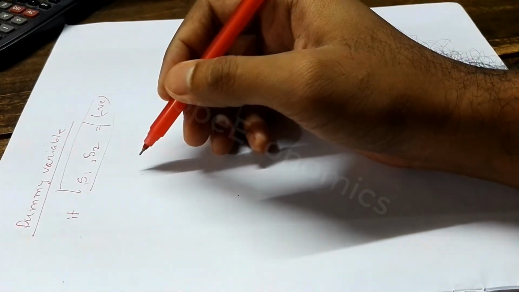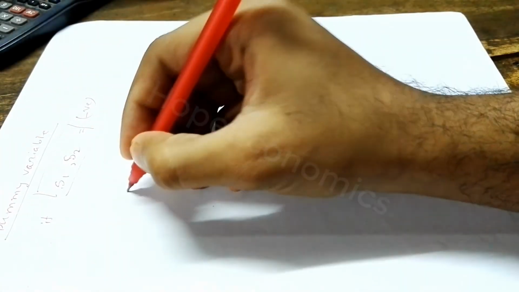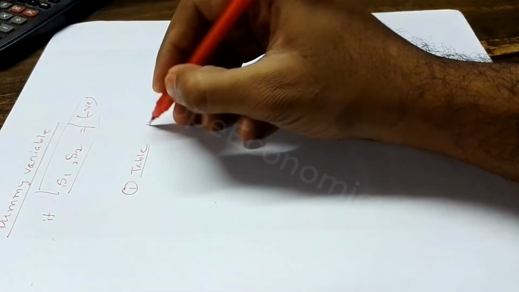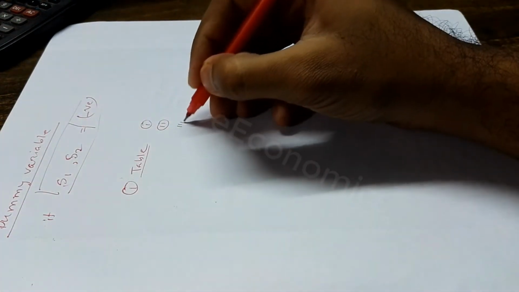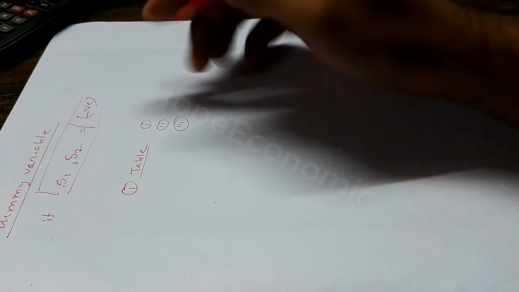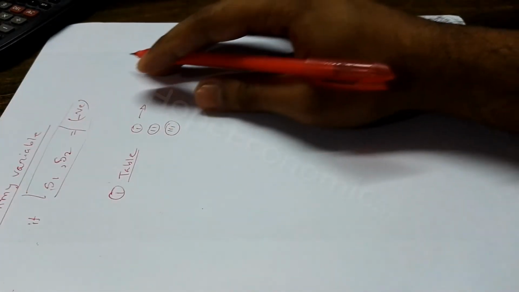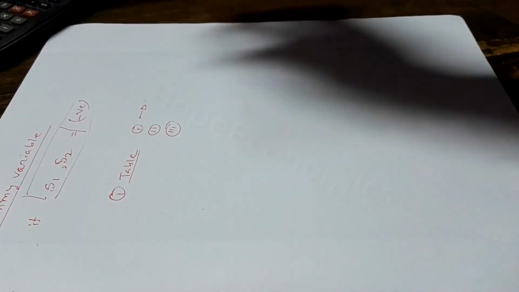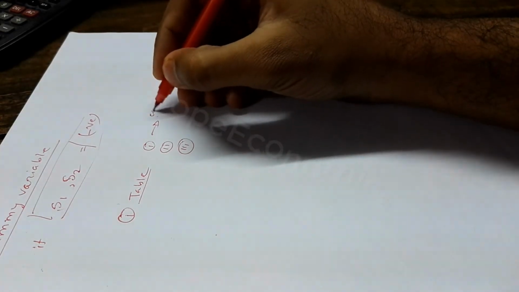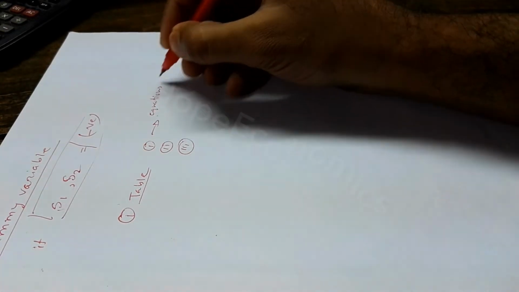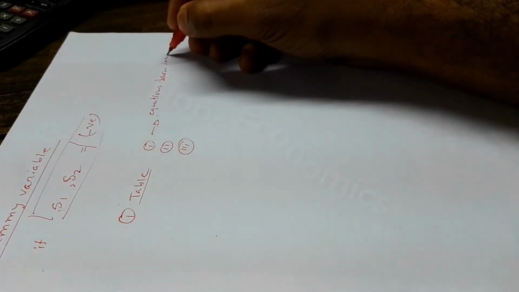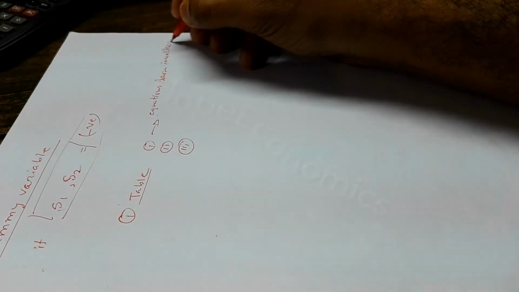So first we have to construct a table. There will be three portions to how we construct the table. Number one, we have to construct the matrix form. You have to convert the inequalities into equations.